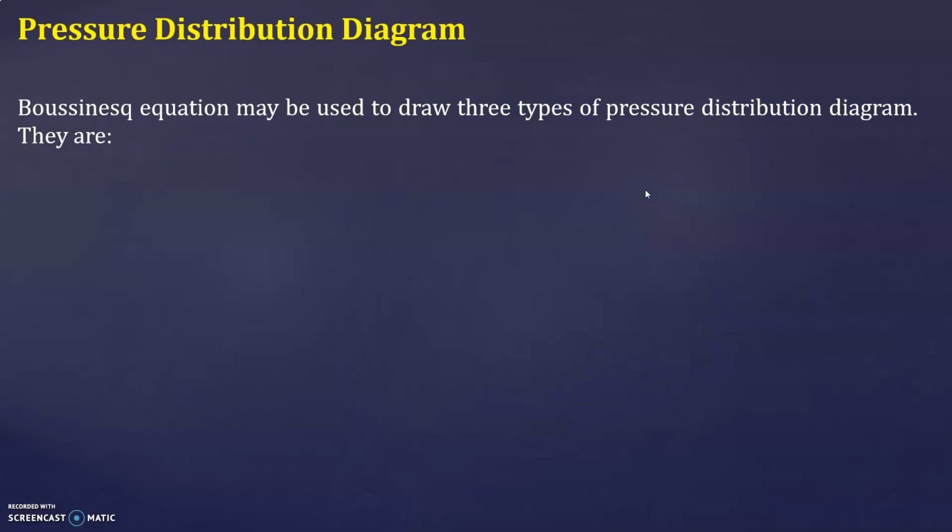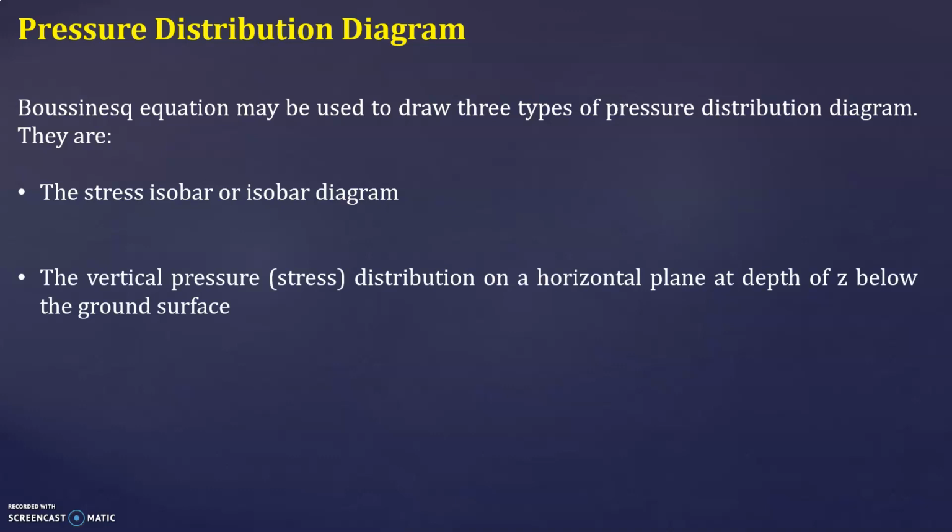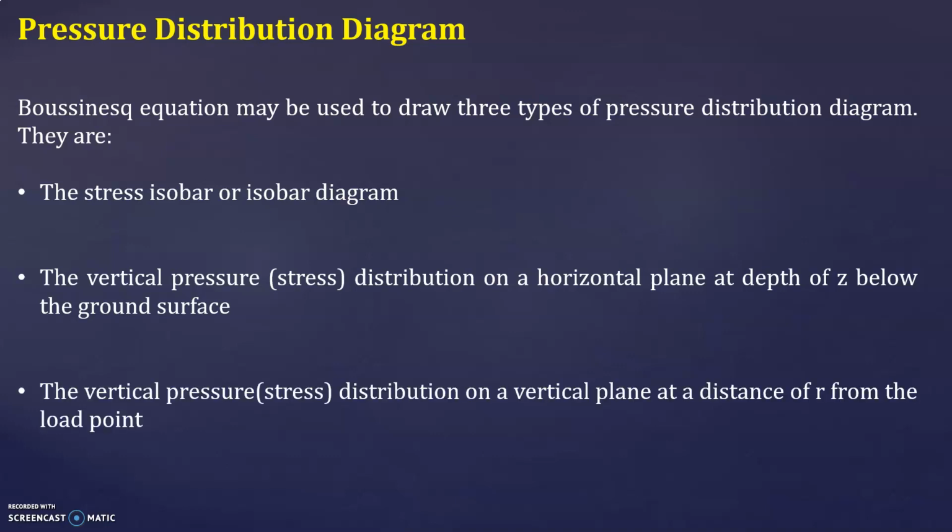Next, let us see the pressure distribution diagram. The Boussinesq equation may be used to draw three types of pressure distribution diagram. The first one is the stress isobar or isobar diagram. The second one is vertical pressure distribution on a horizontal plane at a depth of z below the ground surface.